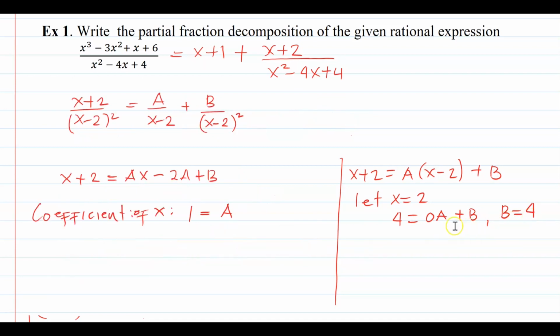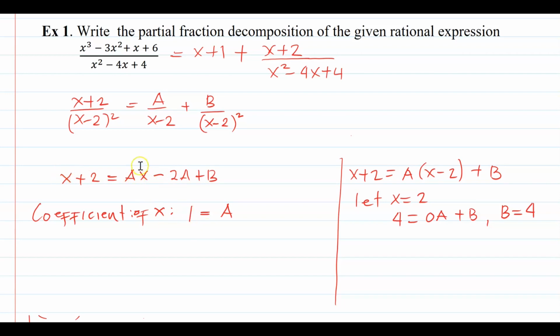Now to solve for A, we can distribute A to the terms inside the parentheses: A times x and A times negative 2. That results in the equation x plus 2 equals Ax minus 2A plus B. We can just look at the coefficient of x. On the left side, the coefficient of x is 1.